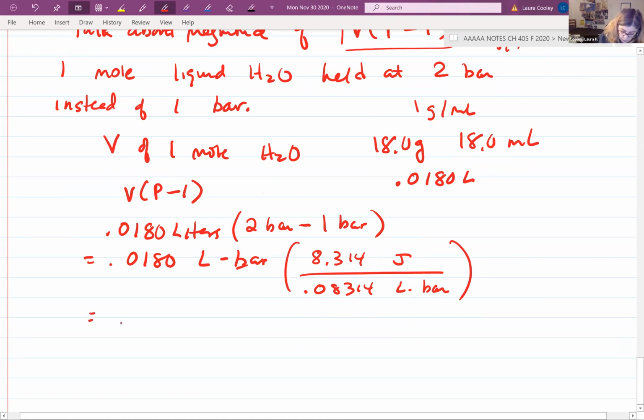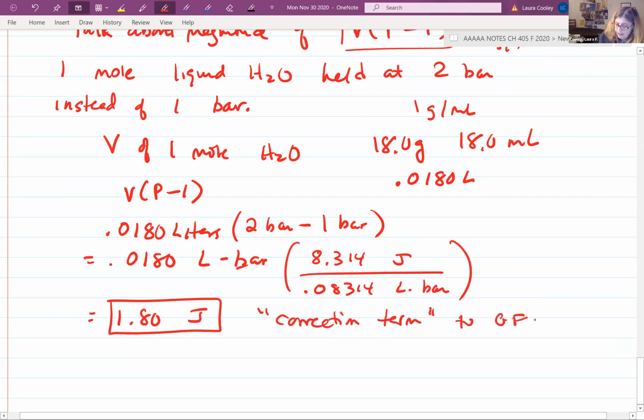Okay, so that comes out to 1.80 joules. So that's the quote correction term to the Gibbs free energy for 1 mole of water when the pressure is 2 bar.